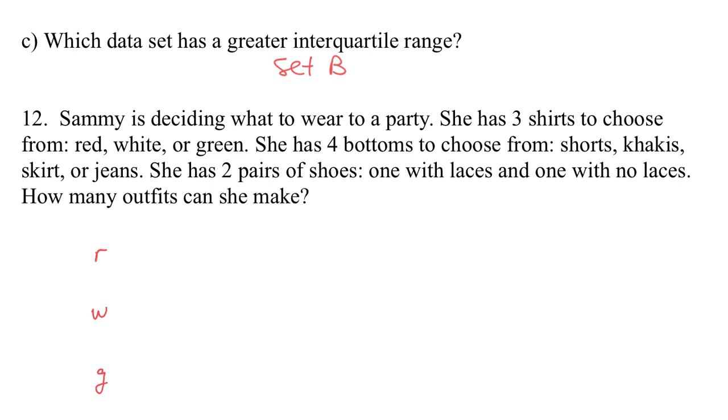Oh my God. I'm going to call them 1, 2, 3, 4 for each shirt. Oh my God, I'm going to run out of room here. And then she has 2 pairs of shoes for each of those.